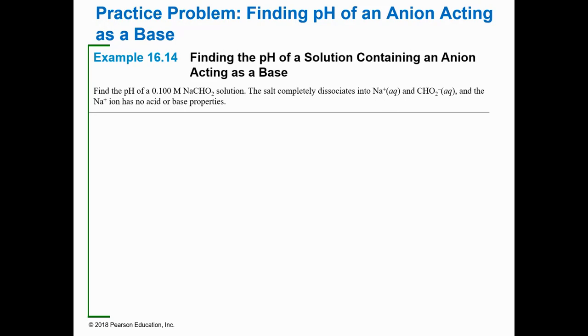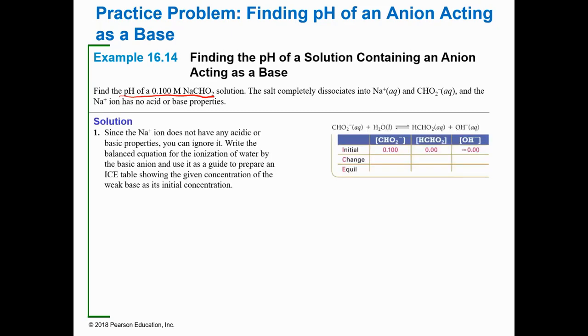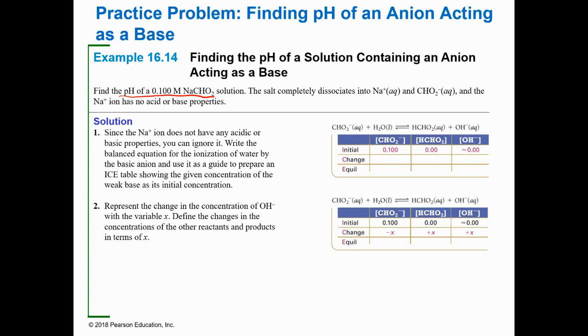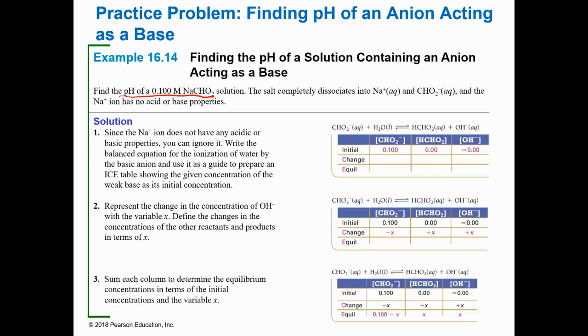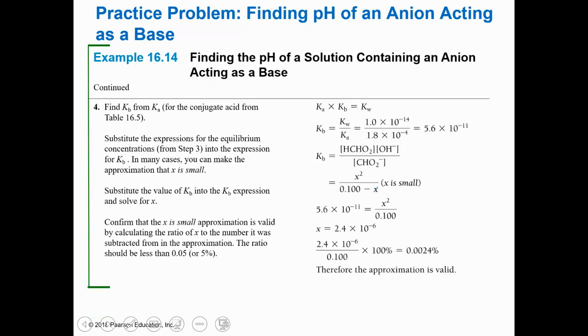So we want the pH of this, and the reason we're doing this is because it's a salt. Okay, so we plug everything in, we do our ICE table. But this time, let's say we know that acid was HCHO2, so we can plug the Ka in for that one to find the Kb.